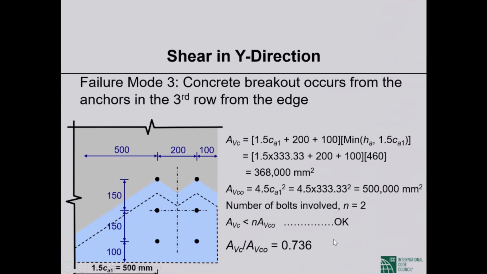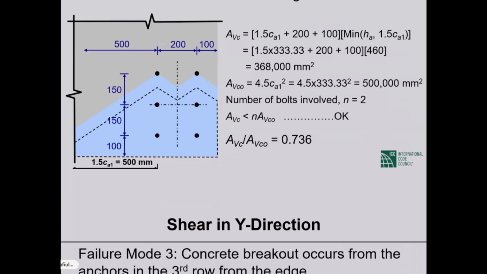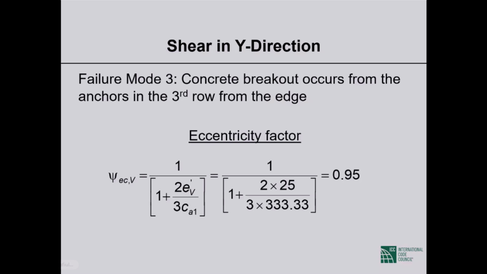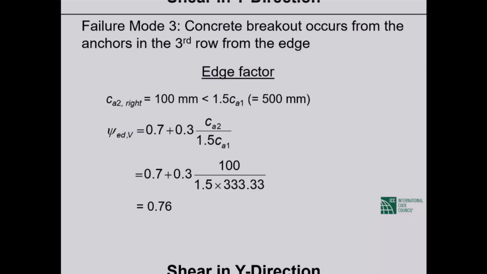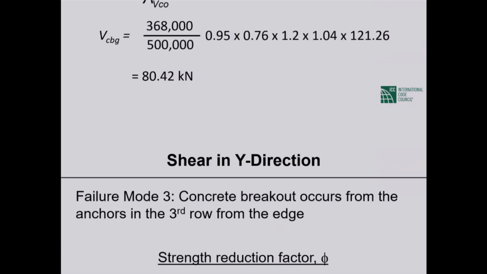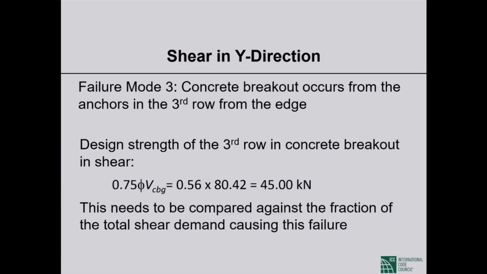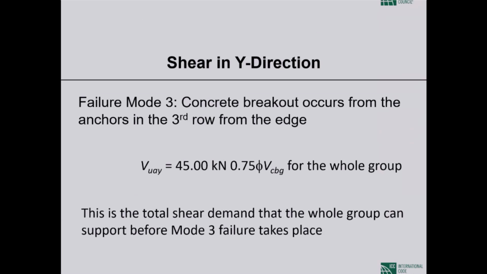So going through the same calculations that I have shown you twice now, the strength comes out to 45 kilonewtons. Okay. Now that is the total thing. And the back anchors were failing under the total shear applied to the group. So 45 kilonewtons is the number that the whole group can sustain.